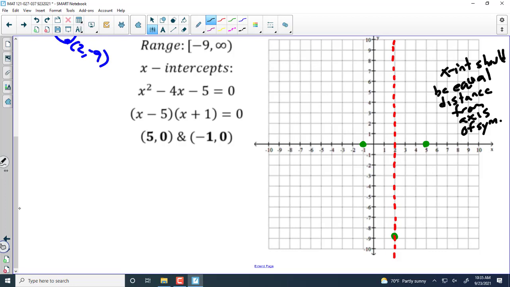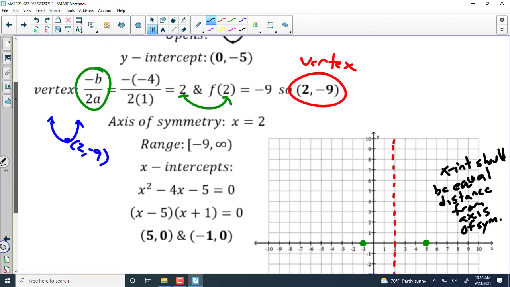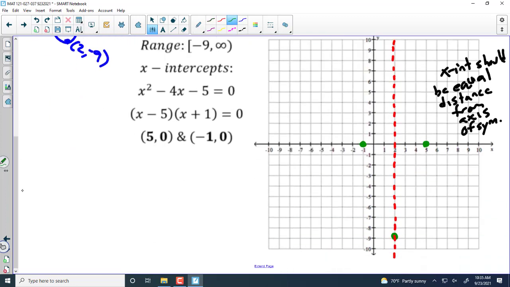What else do we have? We have a y-intercept. We have a y-intercept of 0, -5. And this is really slick, everyone. Every parabola is perfectly symmetric over its axis of symmetry. That works with the x-intercepts, and it works with every single ordered pair on the graph. So does everyone see how the y-intercept is exactly 2 units here from the axis of symmetry?